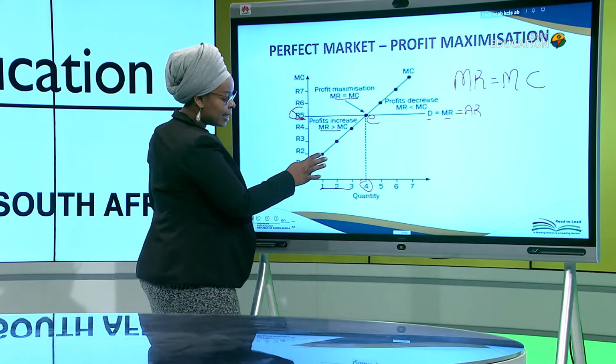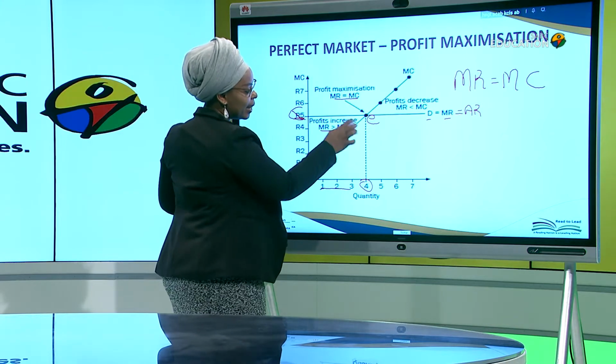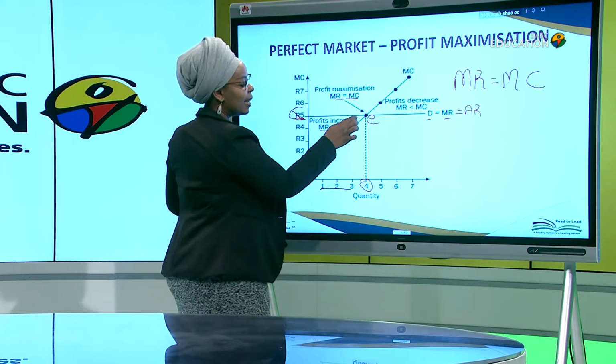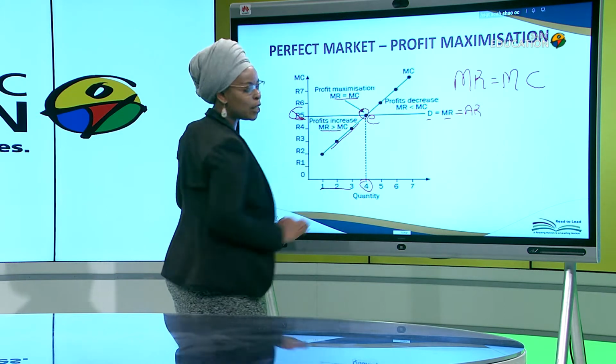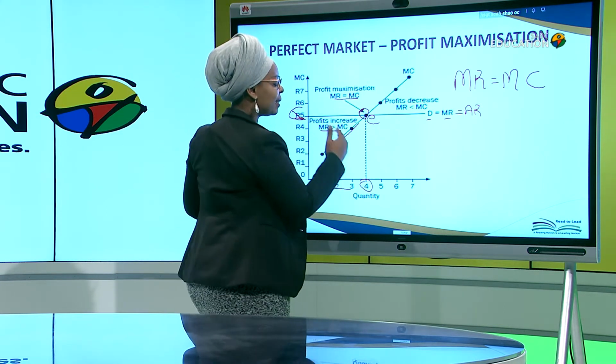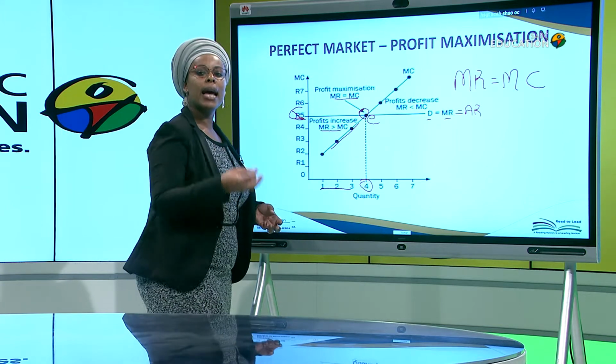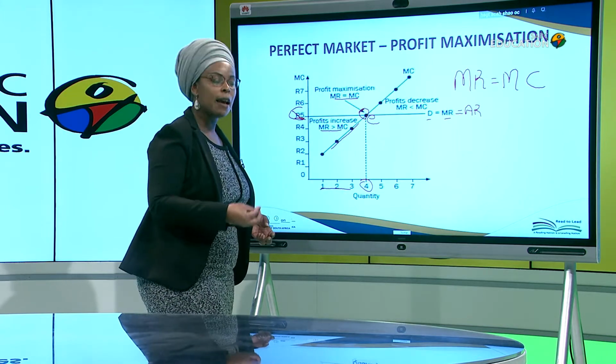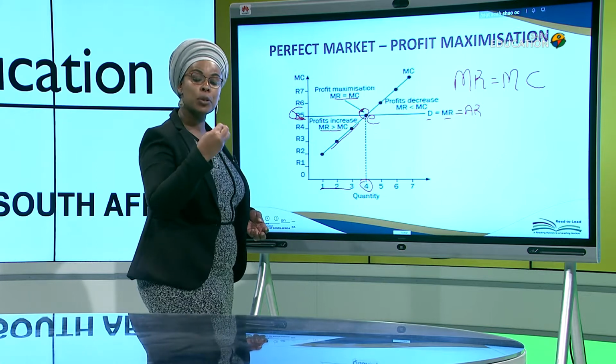The profit, you can see, they're starting to increase, but the profit becomes the highest at this particular point. Any point to the right of the profit maximization point means that the business should not produce, because profit will start to decrease.